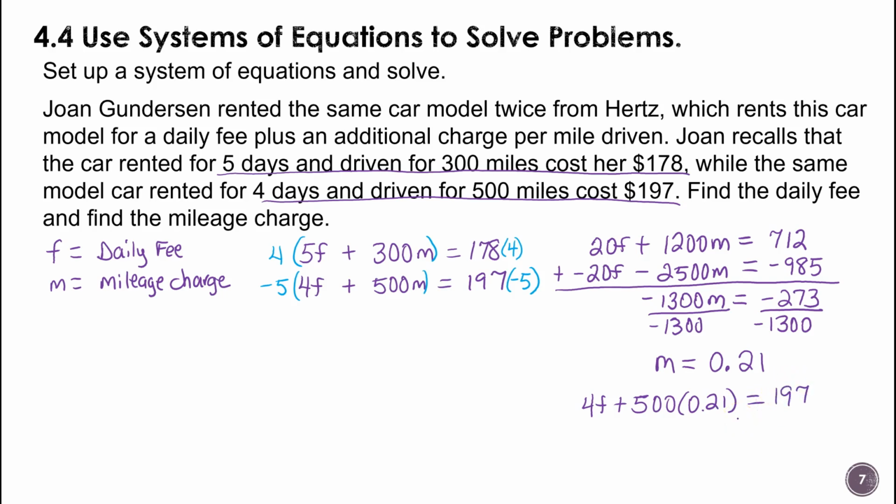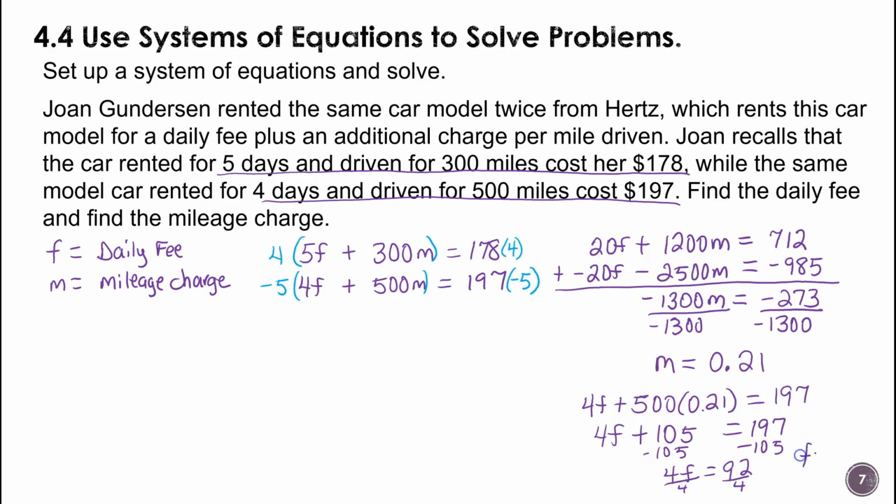Alright, so this is going to be 4F plus 105 equals 197, and we're just simply solving this equation. And we find 4F equals 92, and divide that by 4.